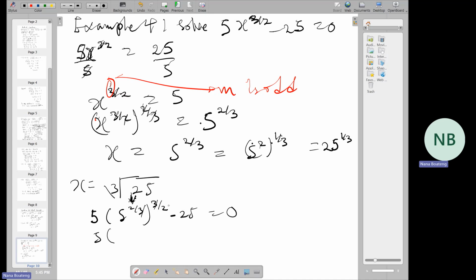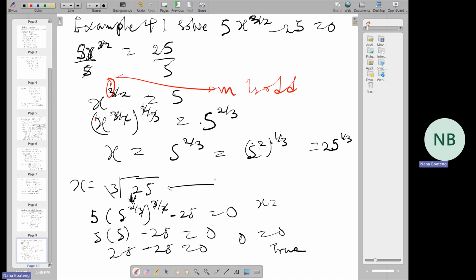So 5 times 5 minus 25 is equal to 0. So 25 minus 25 is equal to 0. So 0 is equal to 0 is true. So that means x is equal to cube root of 25 is a solution.